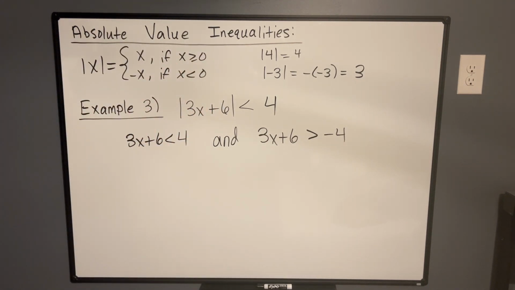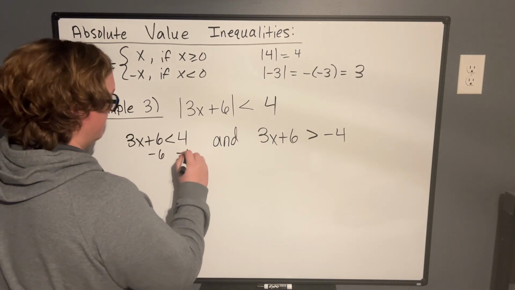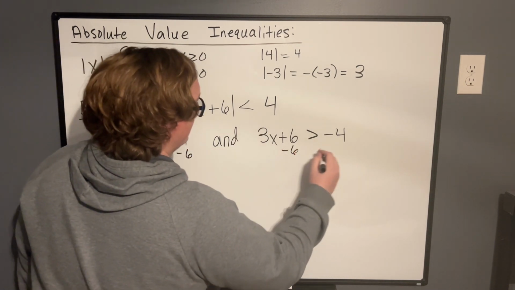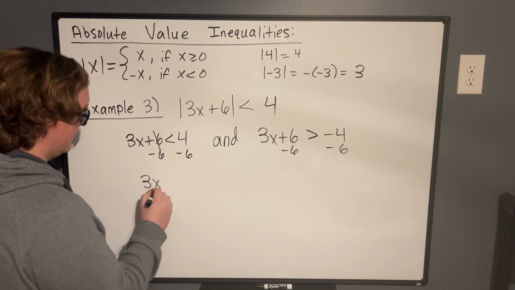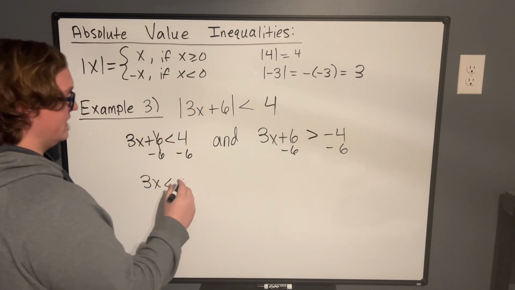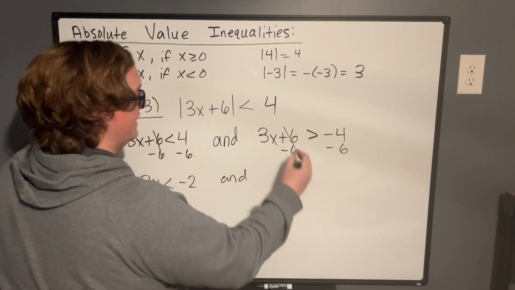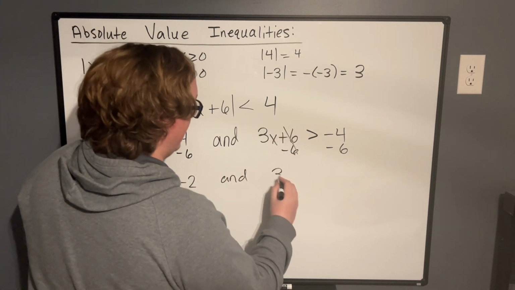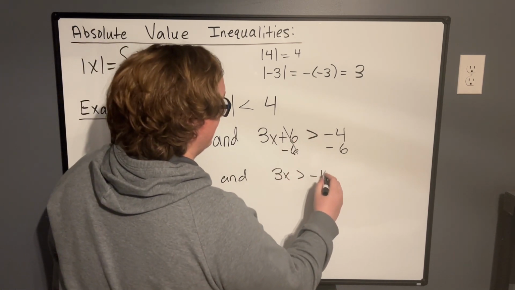Okay, and then now we just have two equations to solve. So with this one, we're going to subtract off 6 on both sides. Same thing over here. So these cancel, and I get 3x is less than 4 minus 6 is negative 2. And on this side, these cancel, and I get 3x is greater than negative 4 minus 6 is negative 10.